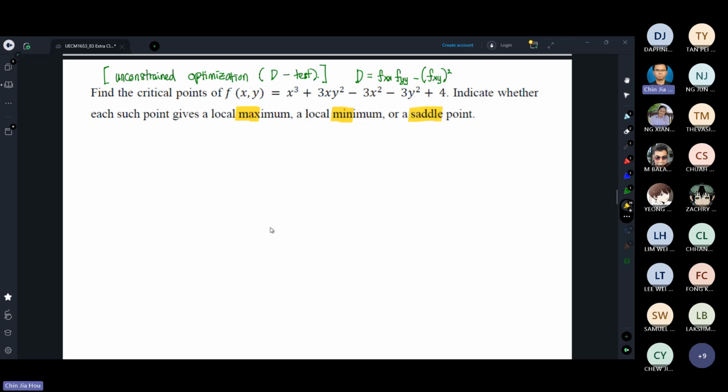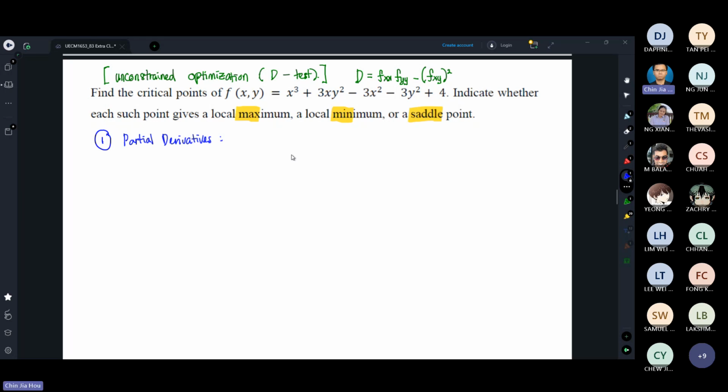The first step, step one, is to find the first partial derivatives. Usually, not all the time, the function that you are asked to find the critical points for only consists of two independent variables, x and y.